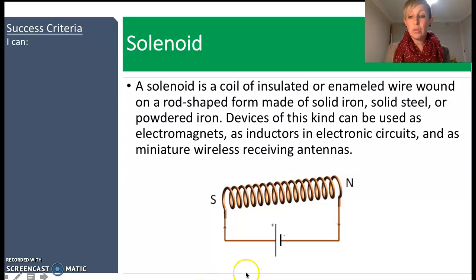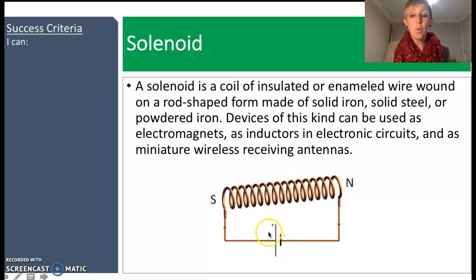The first thing you need to recall from year 9 is, when you're looking at a cell or a battery, which end is negative, which end is positive, and what is the direction of the conventional current. Here we have a single cell, and the small line represents the negative terminal of the cell, and the longer line represents the positive.